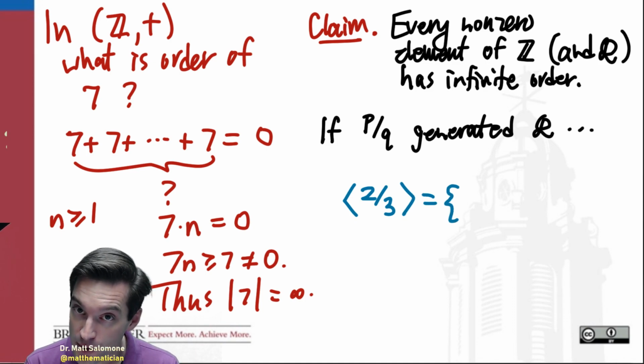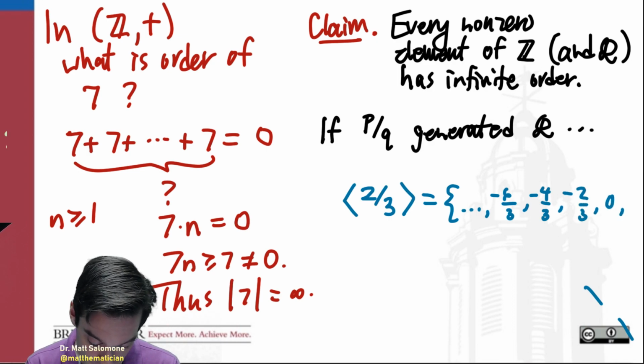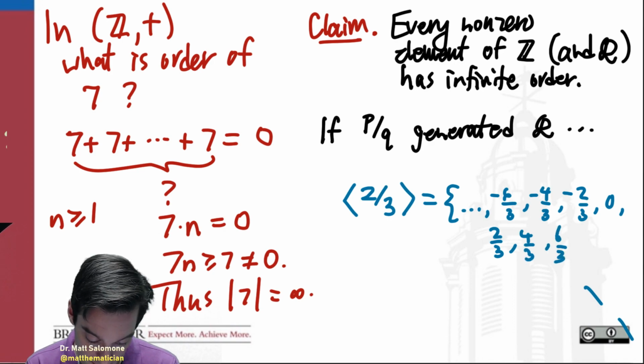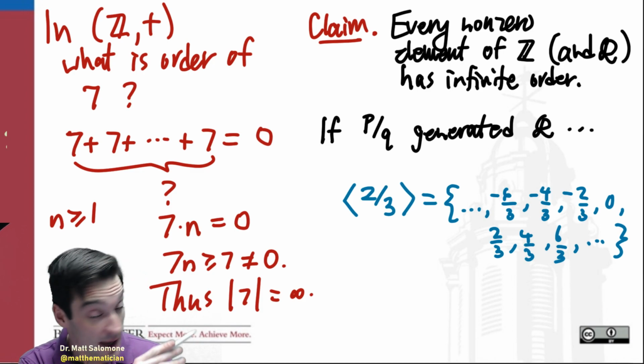It's going to contain 2/3 added to itself any integer number of times, so every integer multiple of 2/3. That's going to be things like -6/3, -4/3, -2/3, 0, 2/3, 4/3, 6/3, not reducing those fractions, I don't really care.